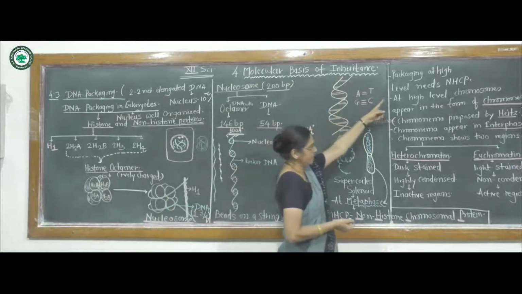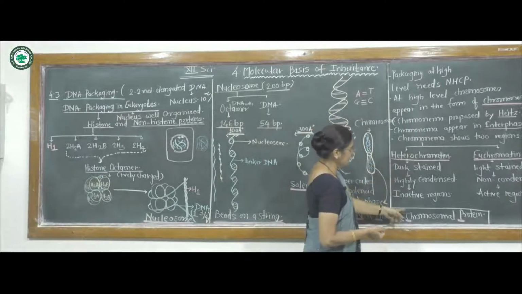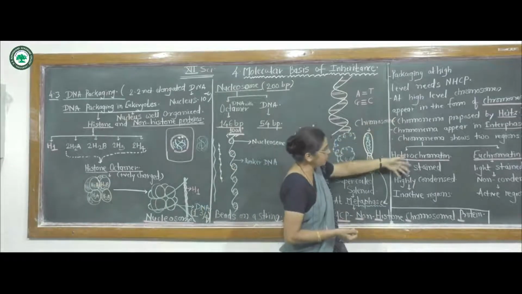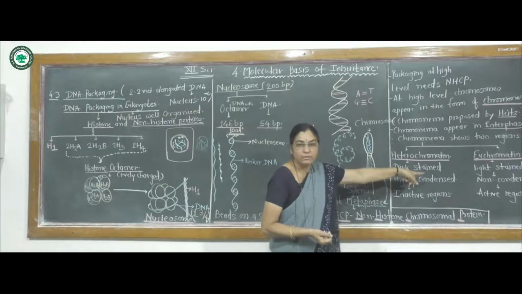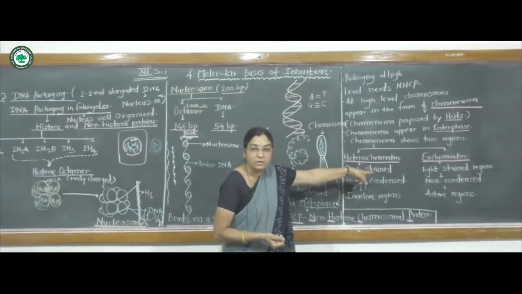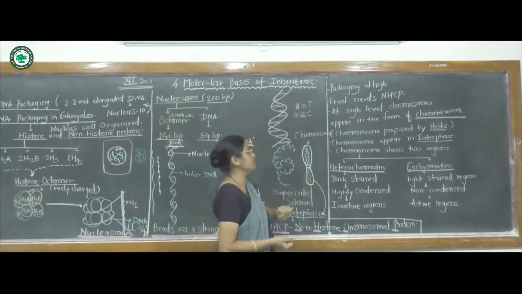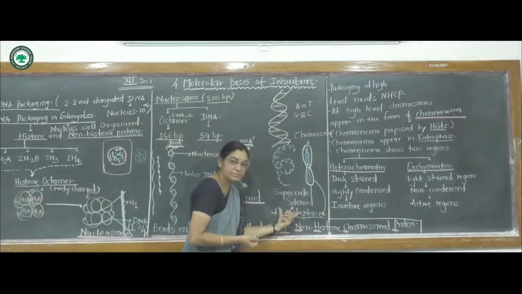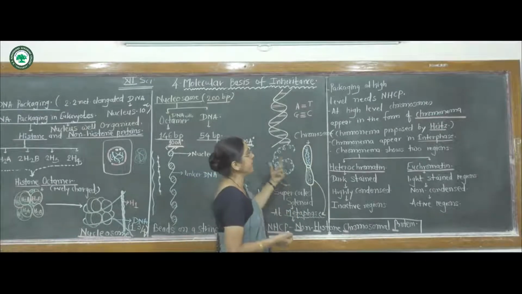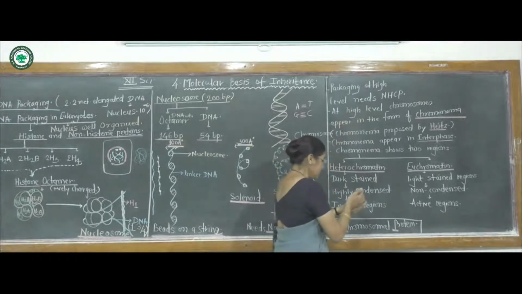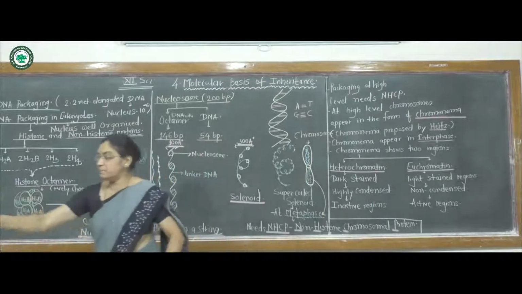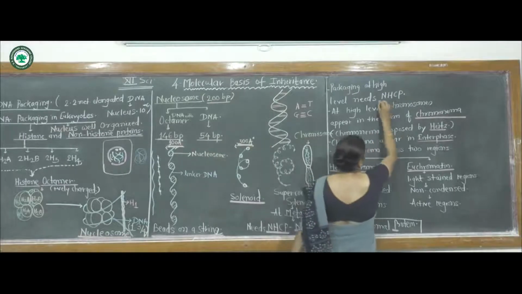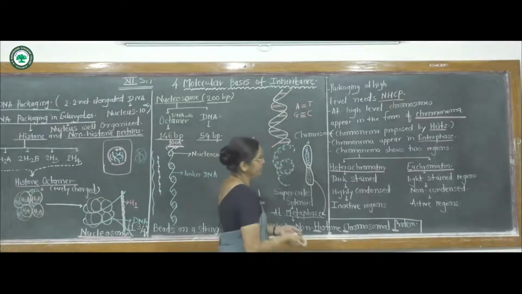Here theoretical questions are not directly asked; only such specific references may be asked as multiple choice questions. The packaging at the high levels, that means at the time of cell division in the metaphase, needs the NHCP, that means non-histone chromosomal proteins.